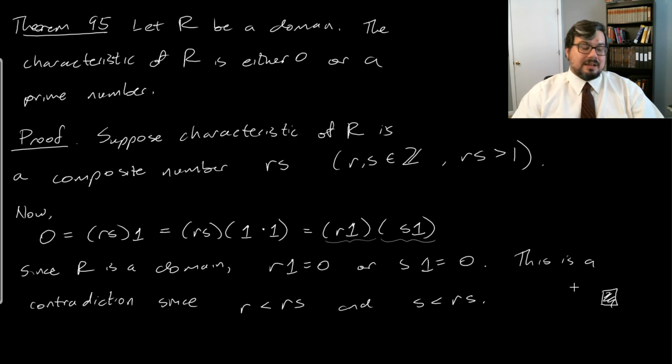Now, the eagle-eyed among you will notice that I have technically left out the case of what happens if the characteristic is 1, but one can easily show that the characteristic of a ring can only be 1 if that ring is the trivial ring.